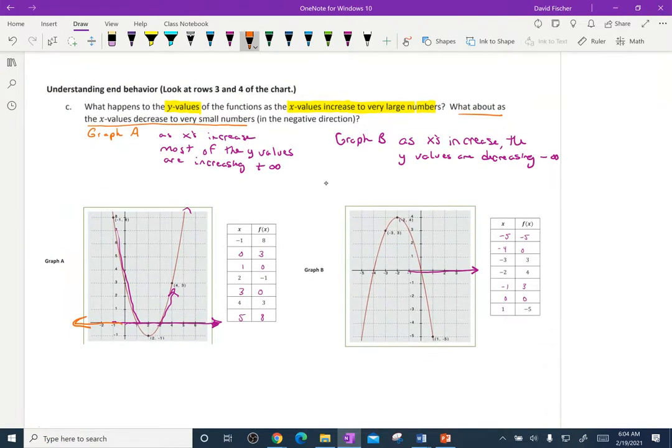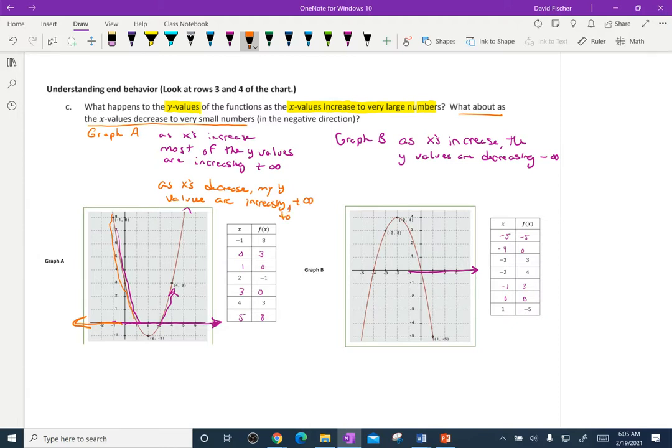So as I'm decreasing going this way, my graph is also increasing. Because my x's are decreasing, it's the same thing as up there. My y values are increasing to positive infinity.